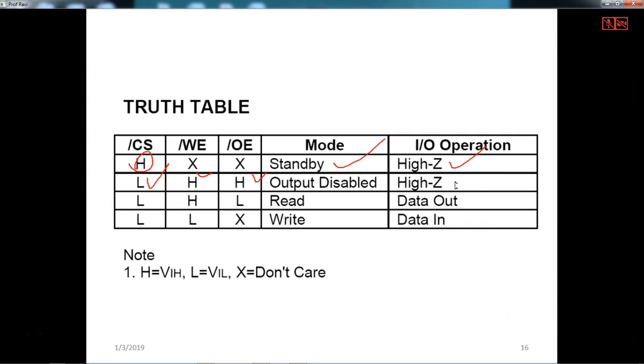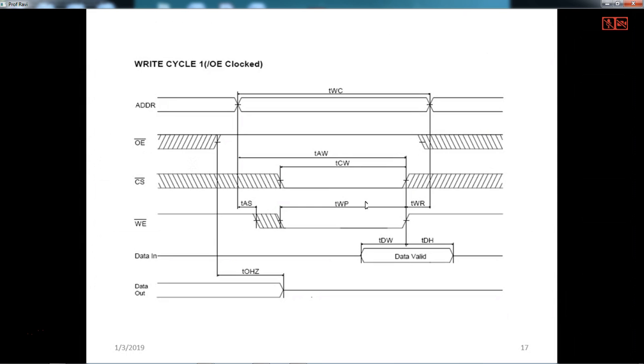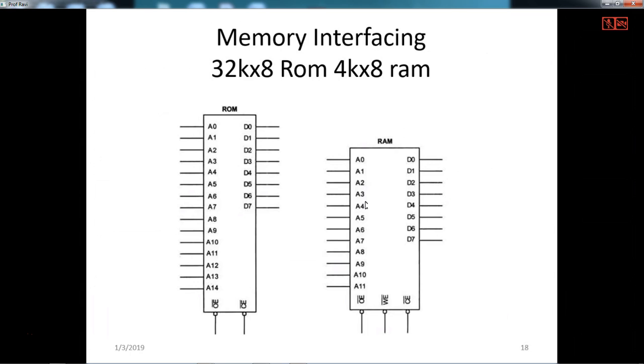In this case also it is at high impedance state. When chip select is low and output enable is low, then you can perform a read operation. And when chip select is low and write enable is low, whatever output enable is, it is don't care, then you can do a write operation. So this is the write cycle, where your output enable is locked in this particular IC.